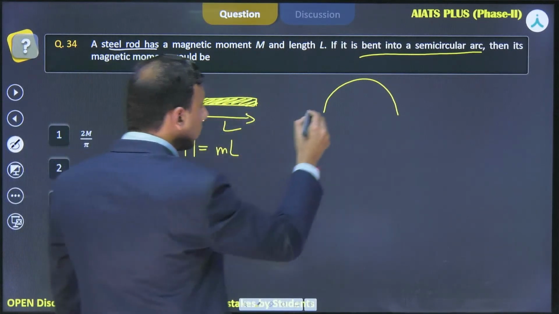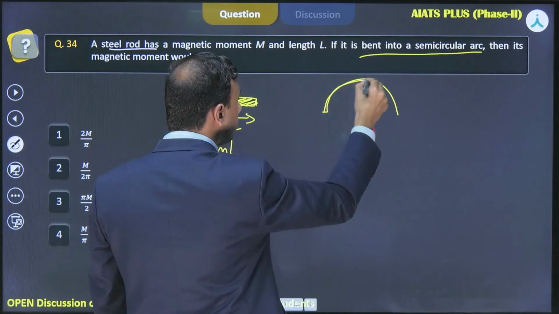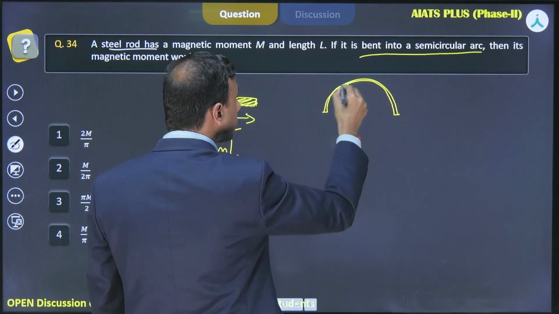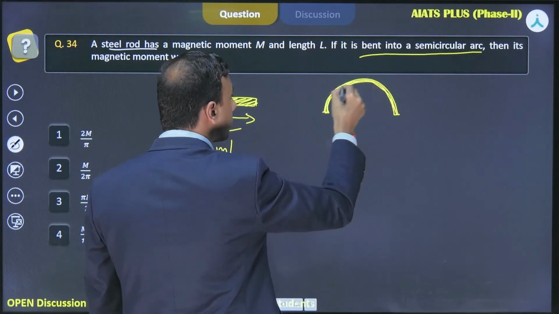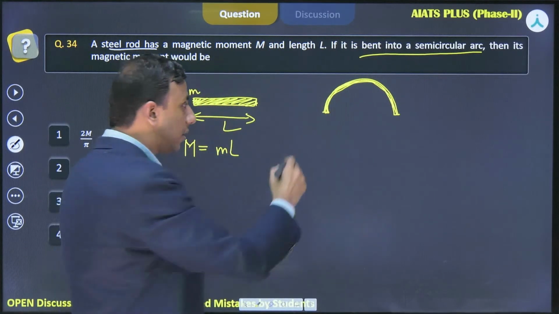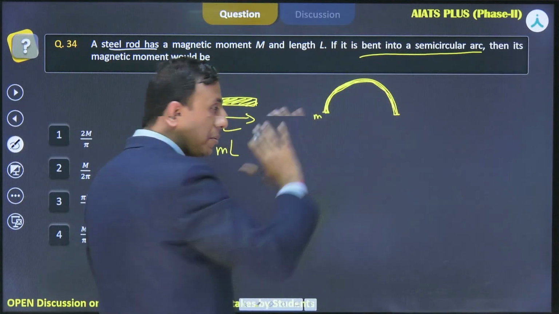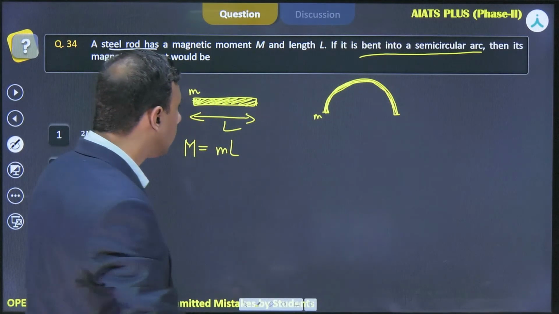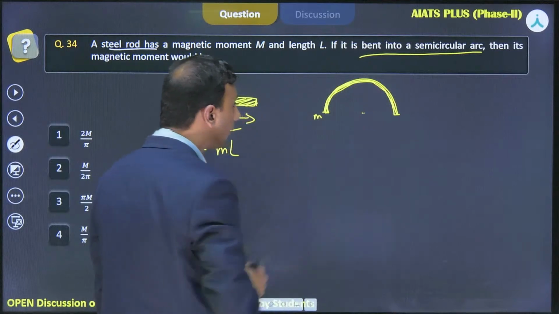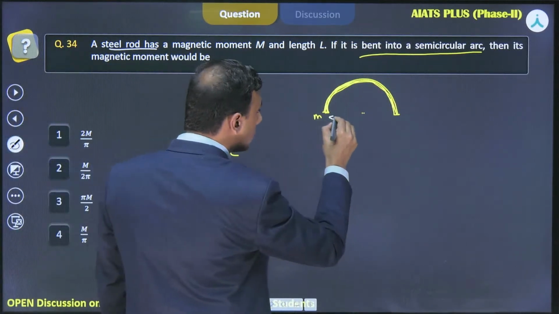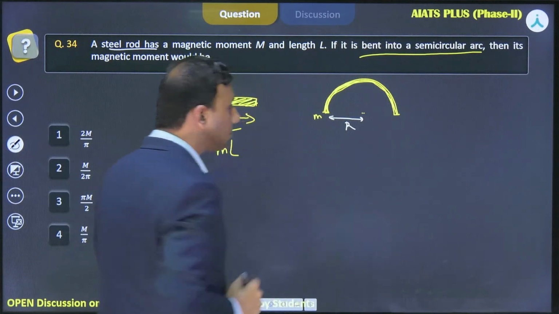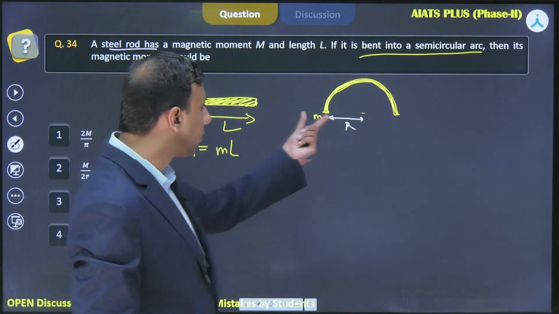So this end and that end, something like this. It is thin. And here obviously you have the poles plus m and minus m. And it's a semicircle. That means it will have a radius. Let's say r will be the radius.